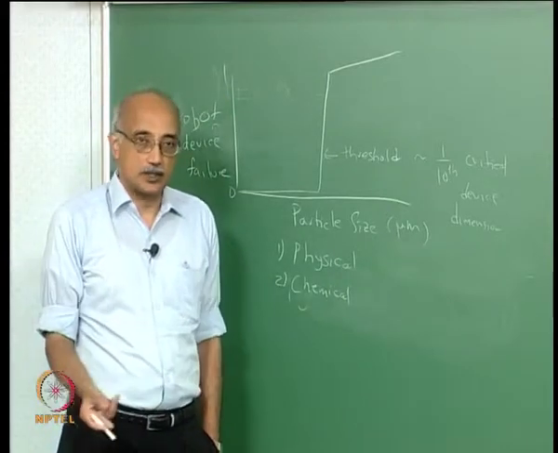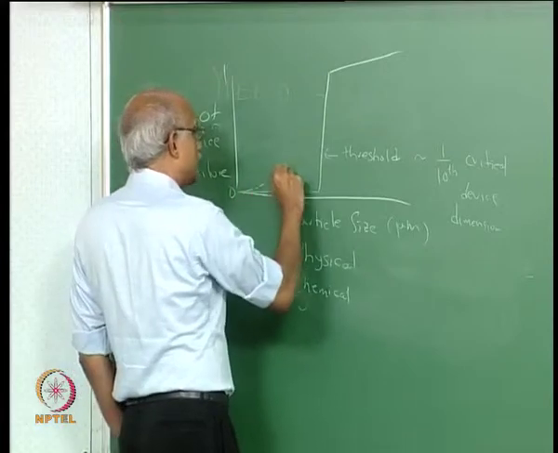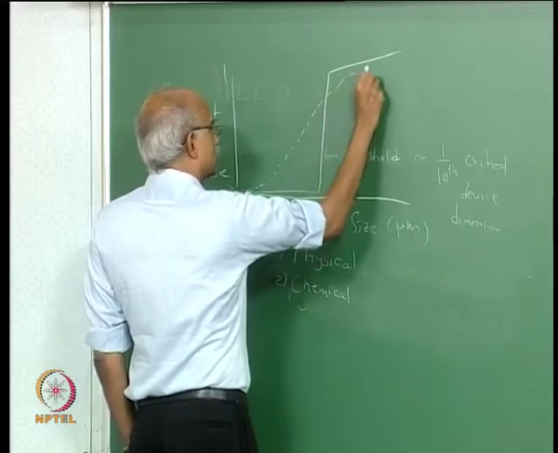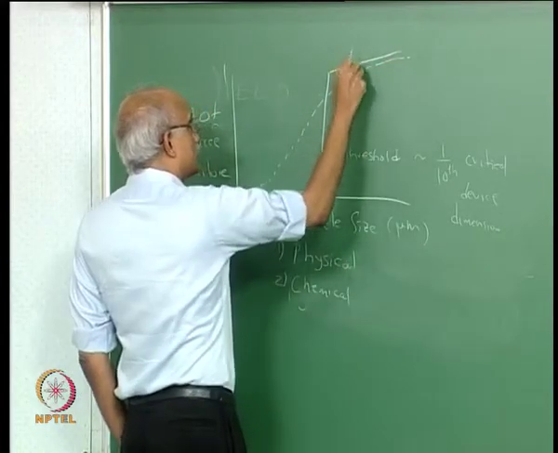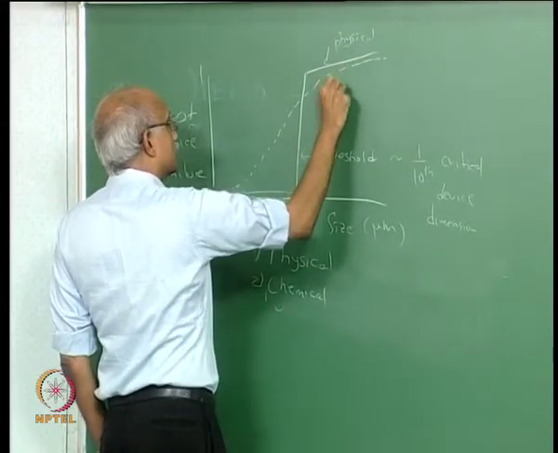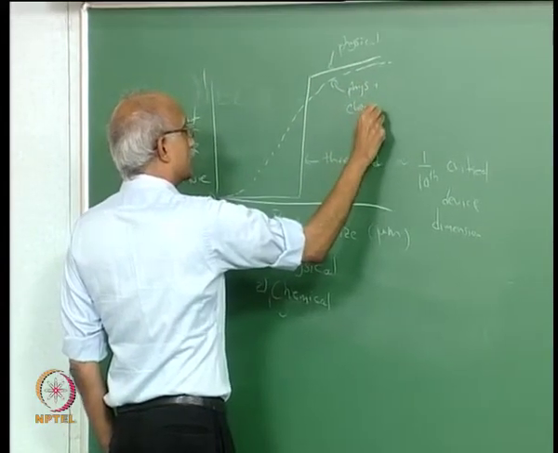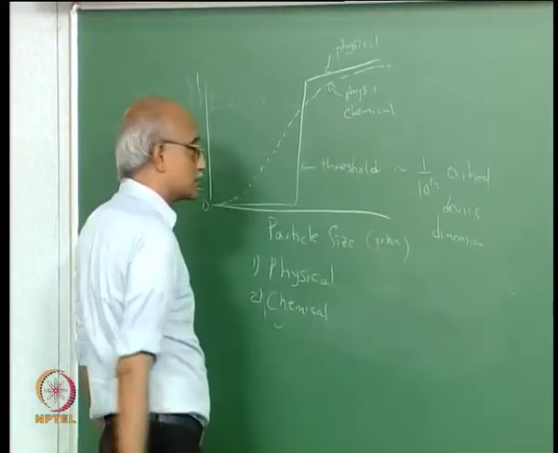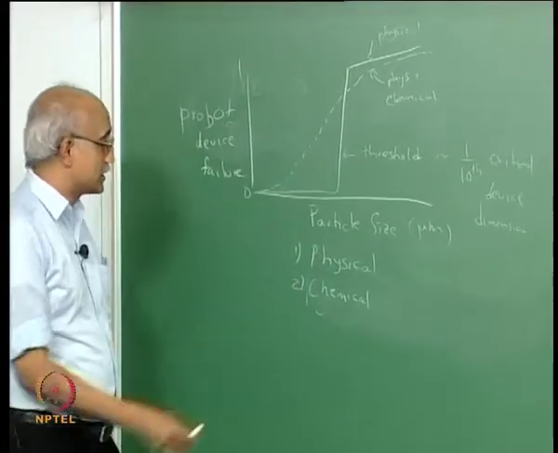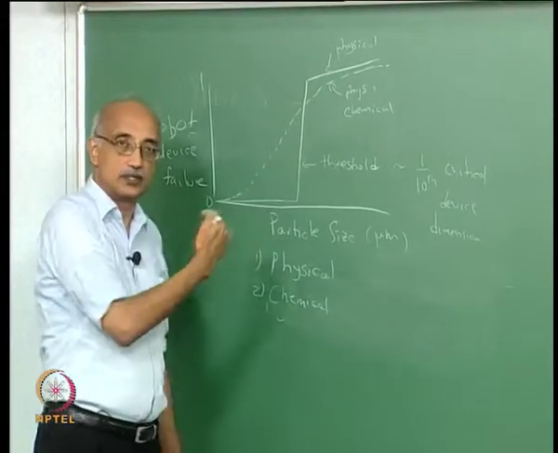But if chemical interactions can also have an effect, then the curve will essentially get smoothed out, so that if this is assuming only physical interactions, this would be physical plus chemical interactions. The main effect that it has is it pushes the threshold even further below.